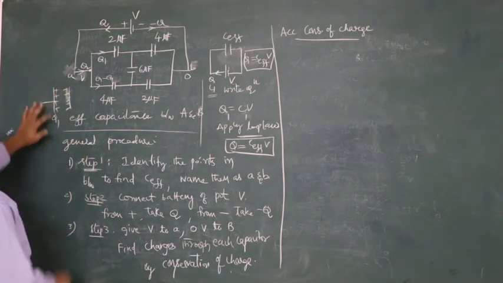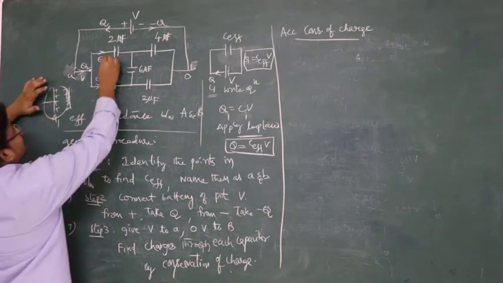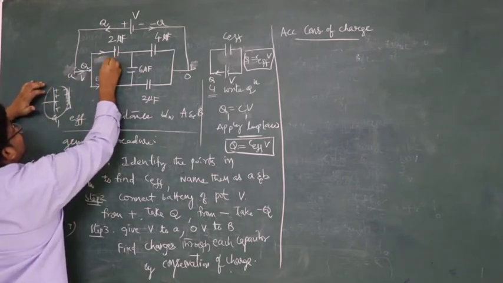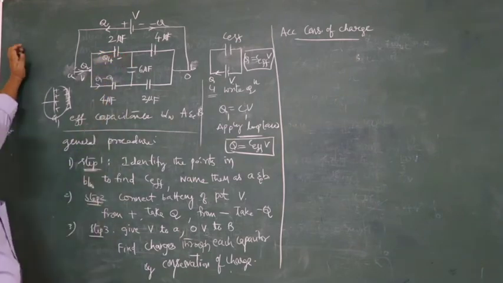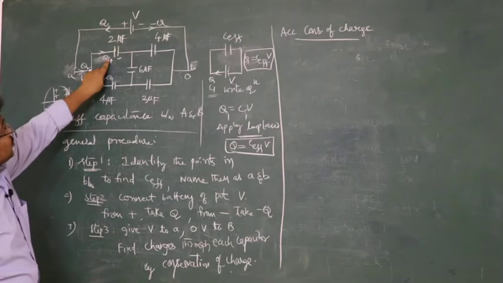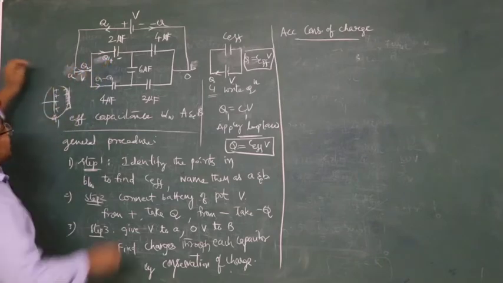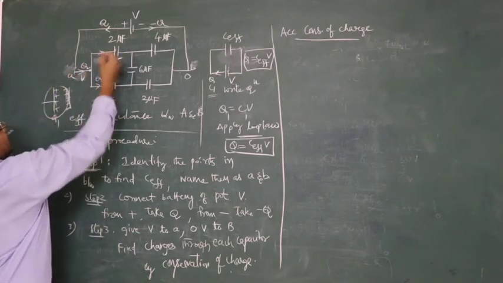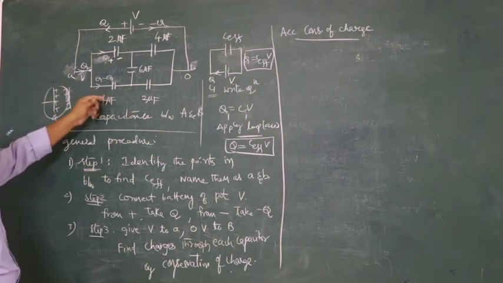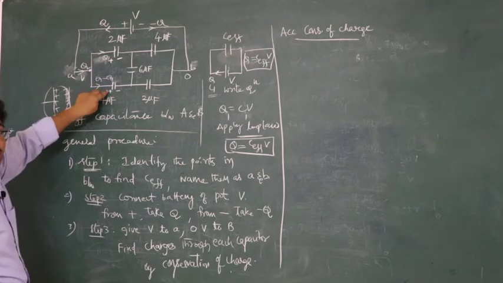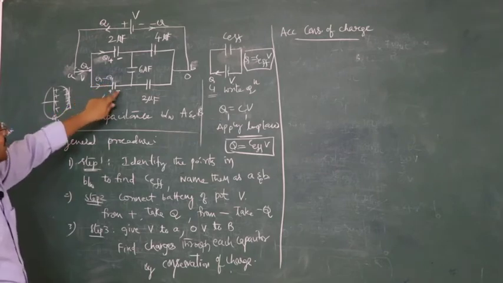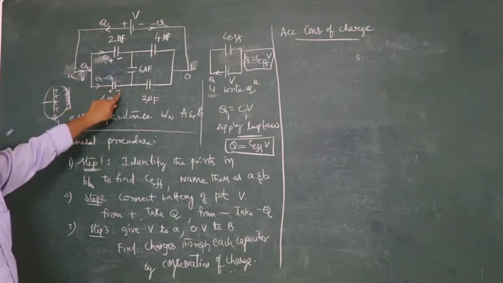So if this is plus Q1, this will be minus Q1. And here also, if this first plate is positive, the second plate will be negative. Means for the positive, the charge is Q minus Q1, and for the negative, minus of Q minus Q1.